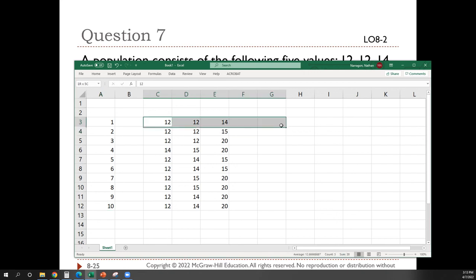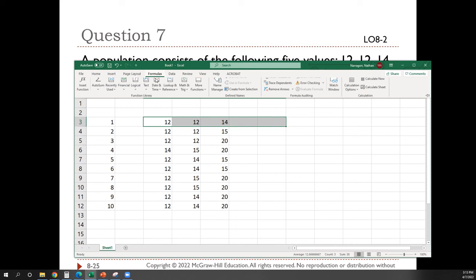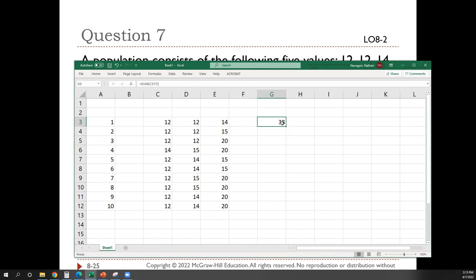Next, let's go ahead and do the sum. So formulas, auto sum. There is our sums. And let's go ahead and figure out the mean. So this will equal this number divided by 3.